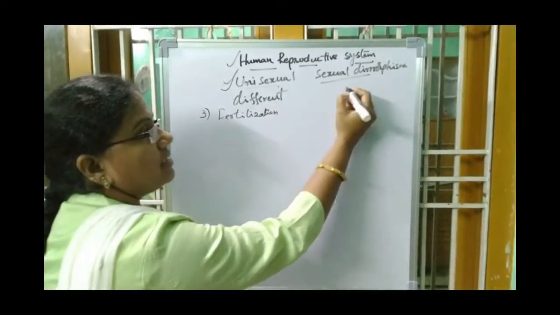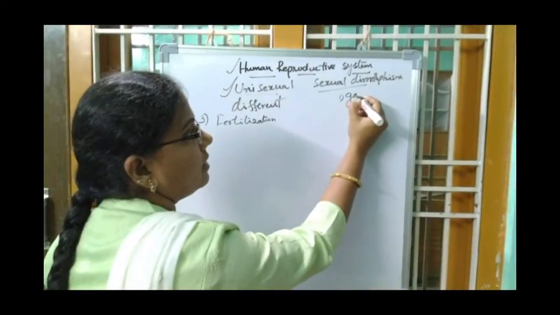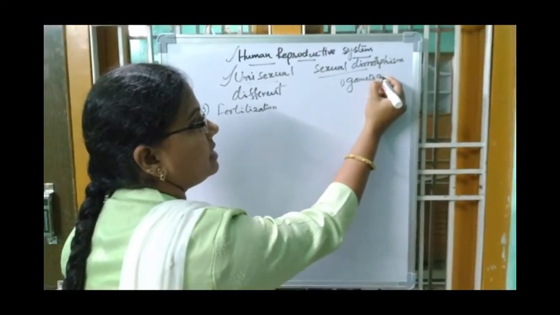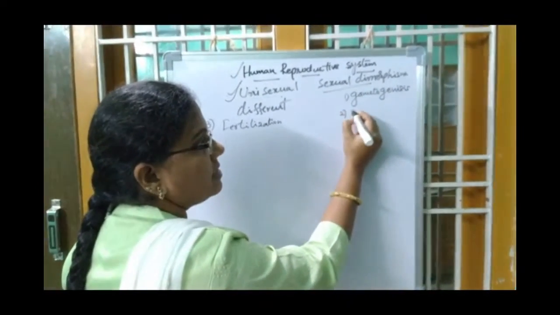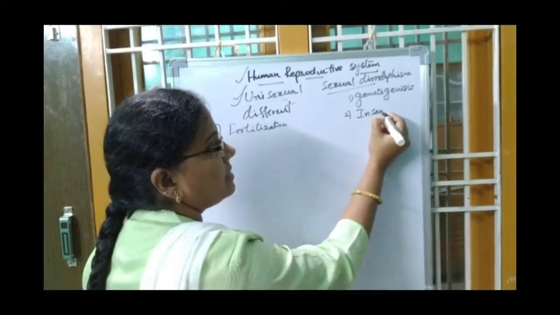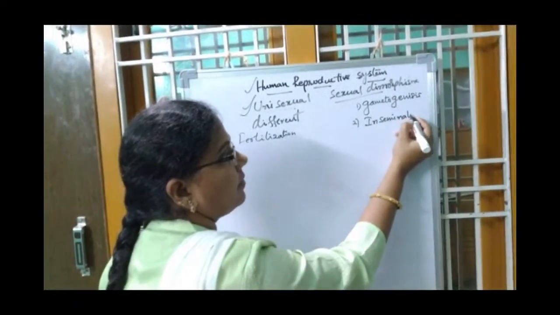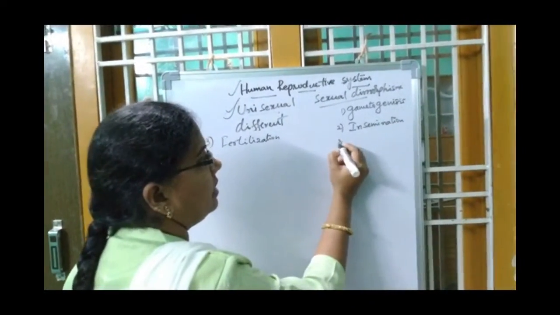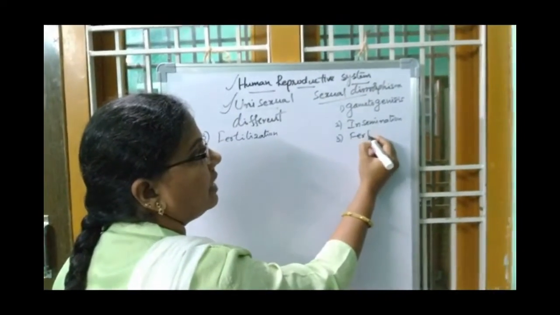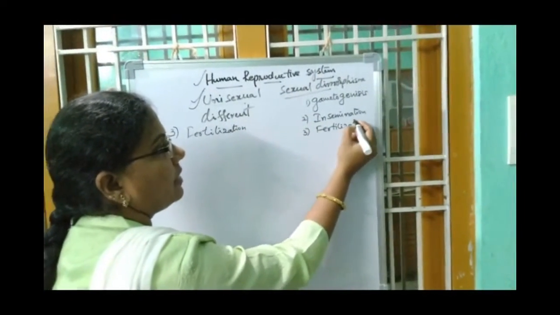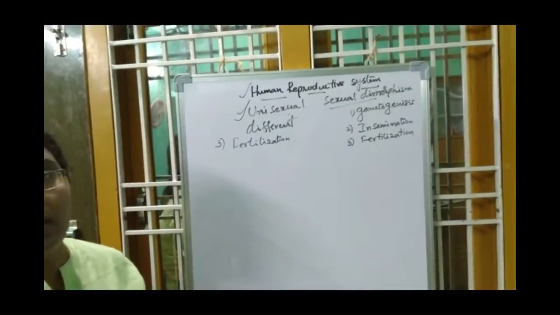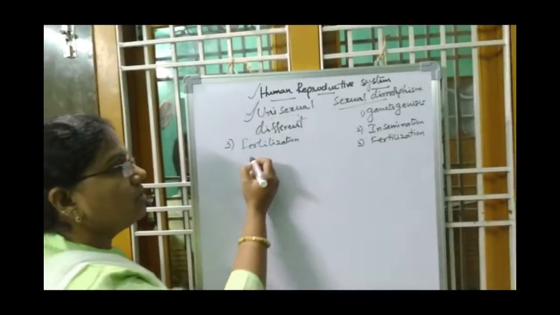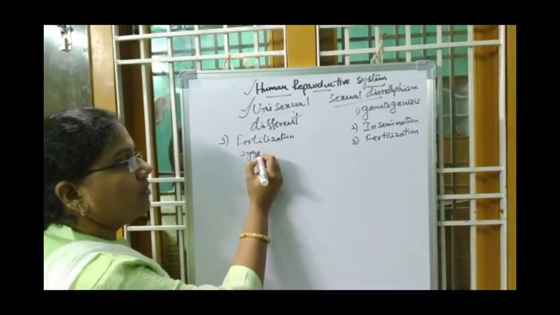First phase is gametogenesis. Second phase is insemination. Third one is fertilization. What is fertilization? Fusion of gametes to form a zygote is called fertilization.